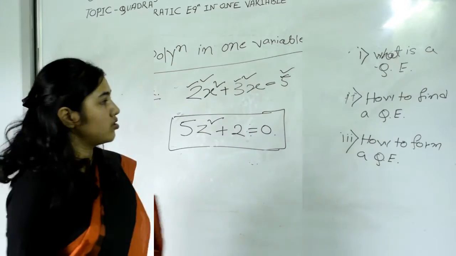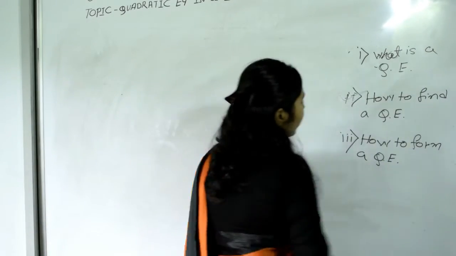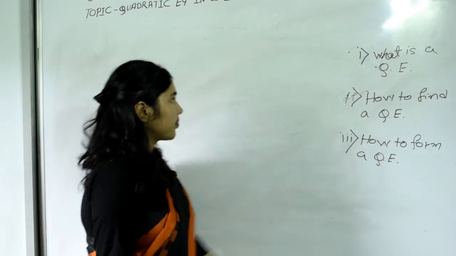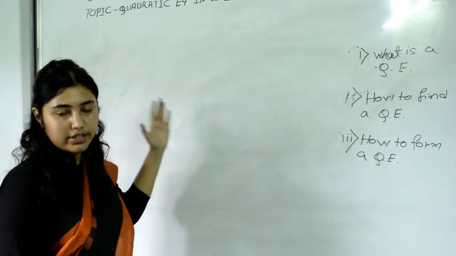Now our next topic, how to find a quadratic equation. So there are 4 characteristics.